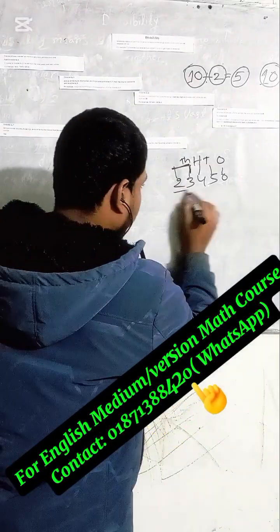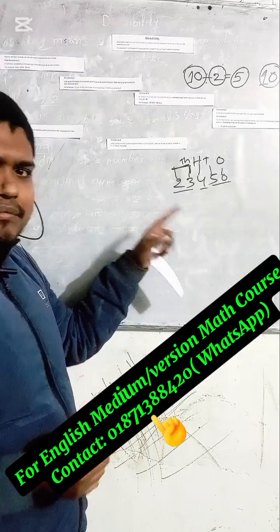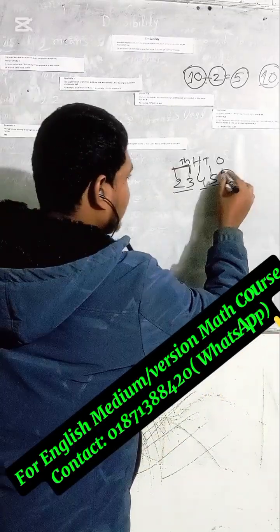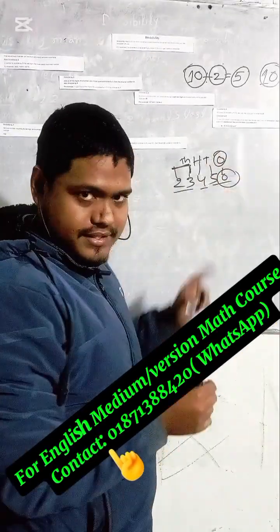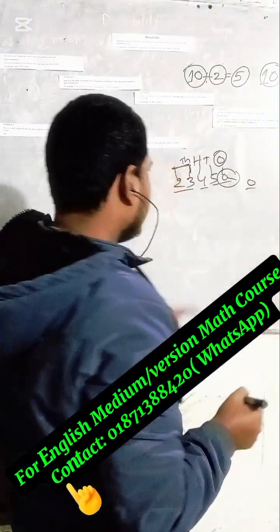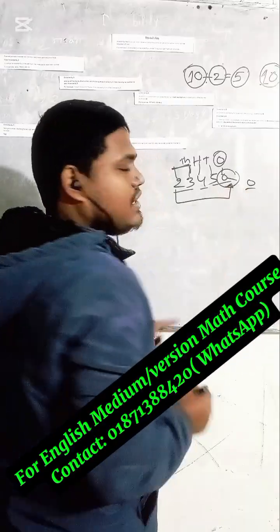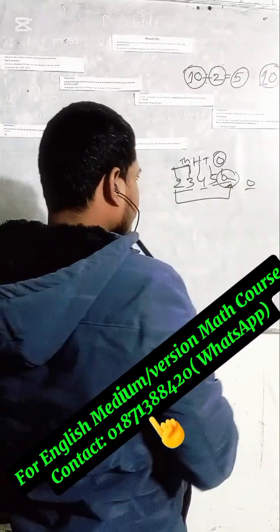That means it's 23,450. We have to look at the last digit, or the ones digit. The last digit is 0. So this whole number is divisible by 2.